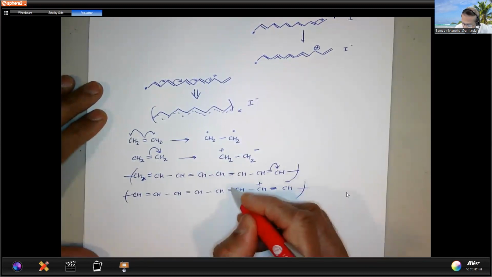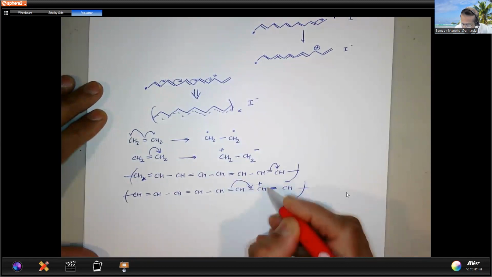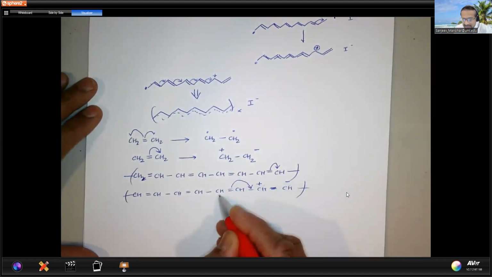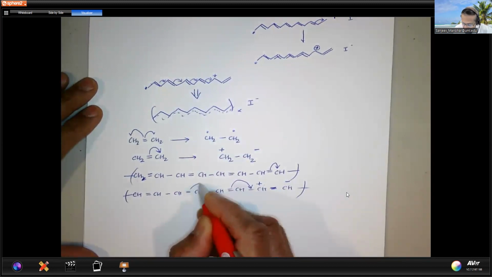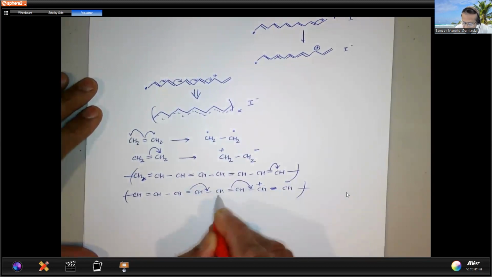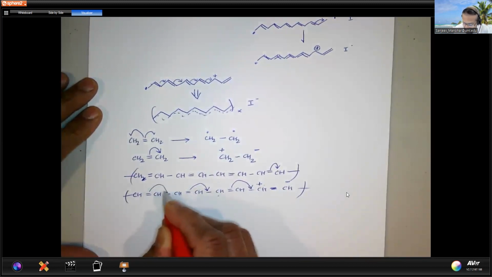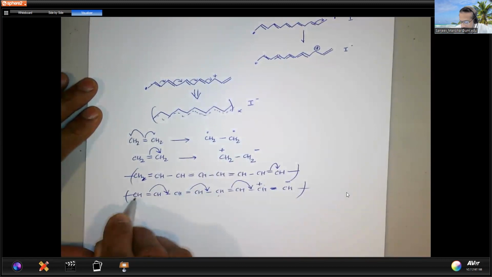Now you can see this can move here, killing that positive charge, but creating a new one here, right? But then this can move over here, killing that positive charge, but creating a new one over here. Or this can move over here, creating the positive charge over here.